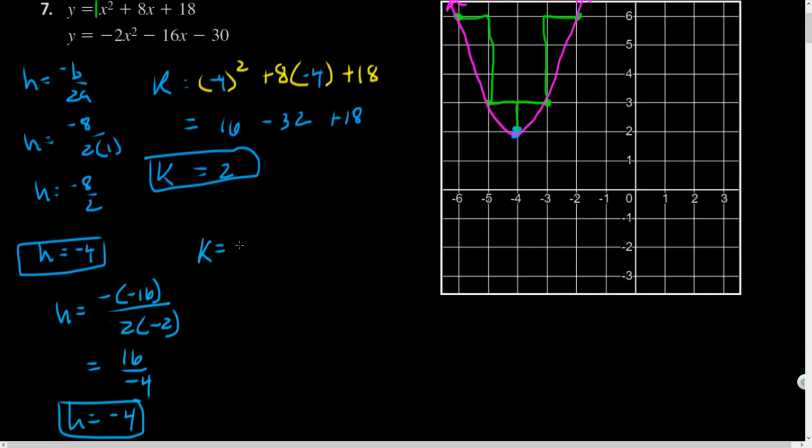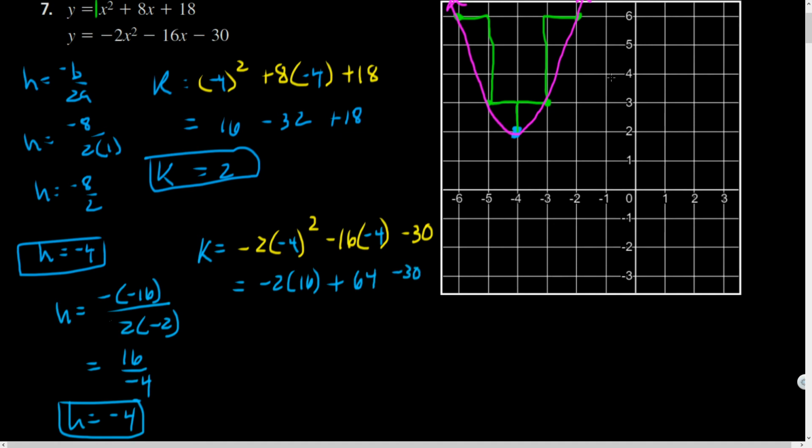All right, so K equals negative 2 times H squared minus 16H minus 30. And so I get negative 4 here, negative 4 there. Negative 4 all squared is positive 16. This multiplies to be positive 64.